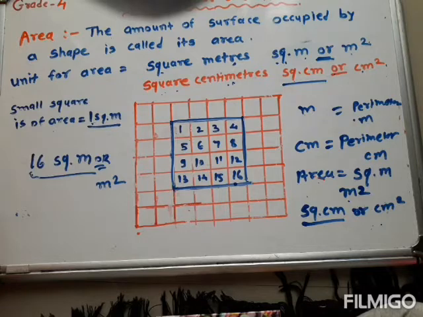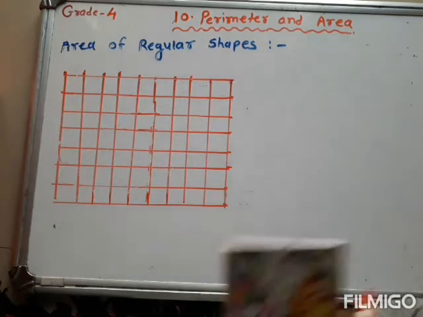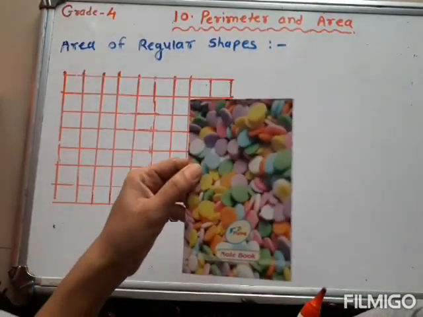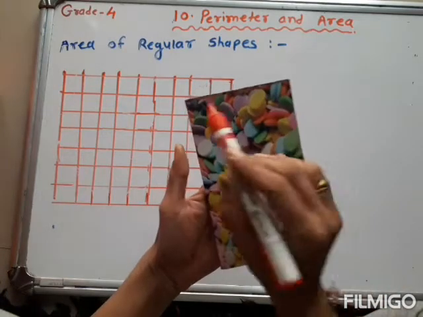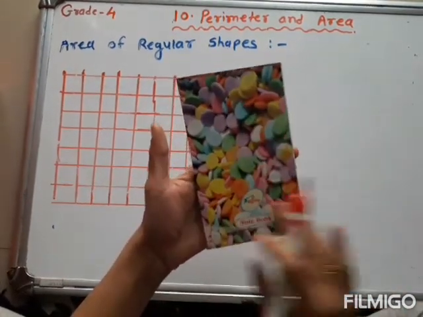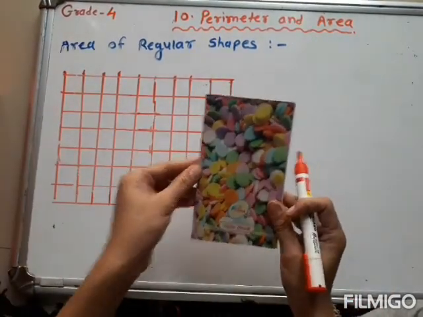Now we see one more example. Here we find the area of regular shapes. See here, this is a diary. Now we find the area of this diary. Perimeter means this border only. Now we find the area. So we put this diary on square sheet paper.